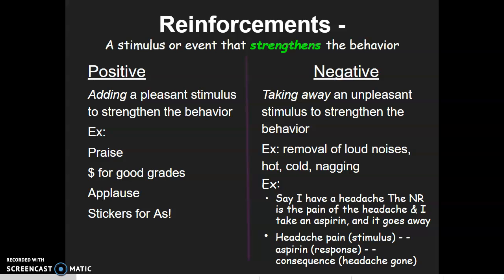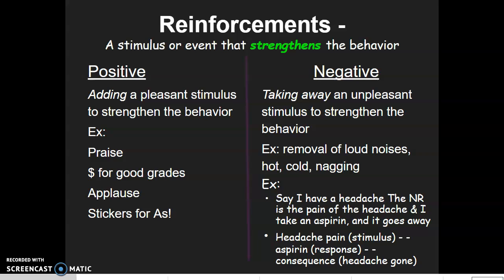Well, I'm going to go get myself an Advil and take it. The Advil will take the pain of the headache away. That is a negative reinforcement, okay? It's taking away something unpleasant, my headache, and it's also making it more likely that I'll repeat the behavior of taking an Advil the next time I get a headache.